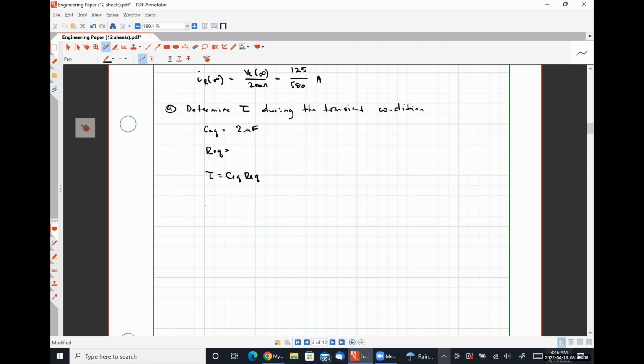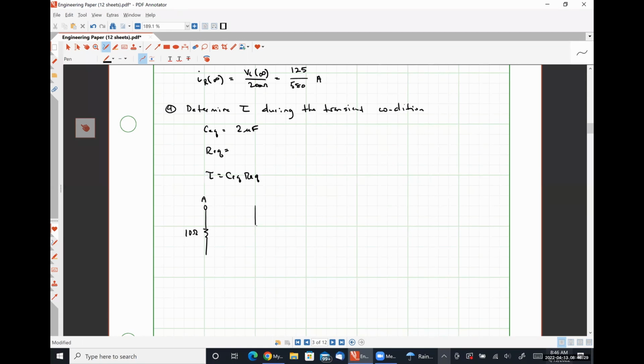So what that's going to leave me with is a 10 ohm resistor in series with a short circuit. So I'm just going to call it a 10 ohm resistor, where terminal A is open circuited because we're looking at this during the transient condition.